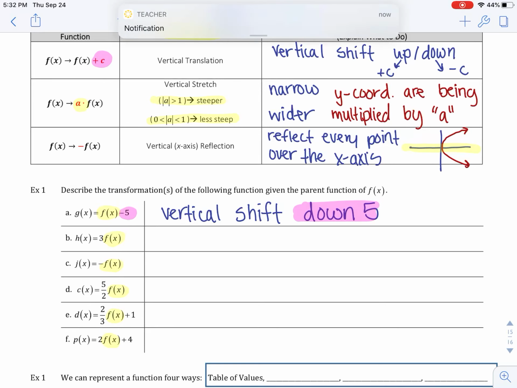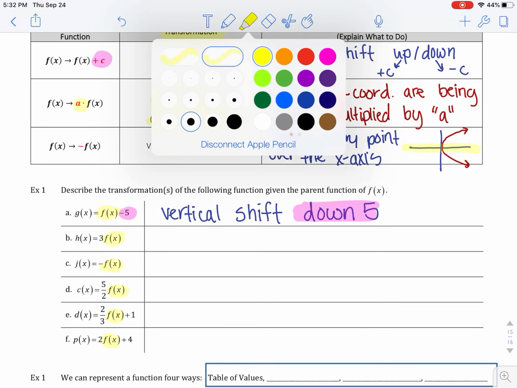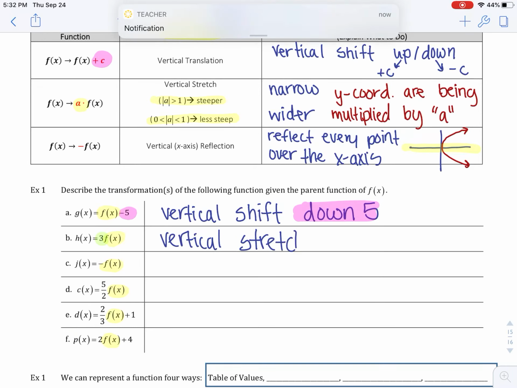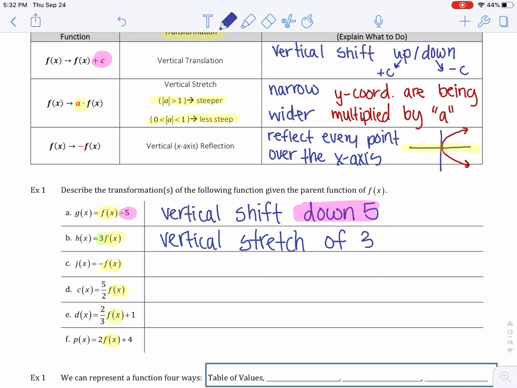All right, the next one, I realized that it's in the front. So what happens when you're in the front? You stretch in the beginning of your day. So now this is a vertical stretch, and then we say of how much? So of 3.